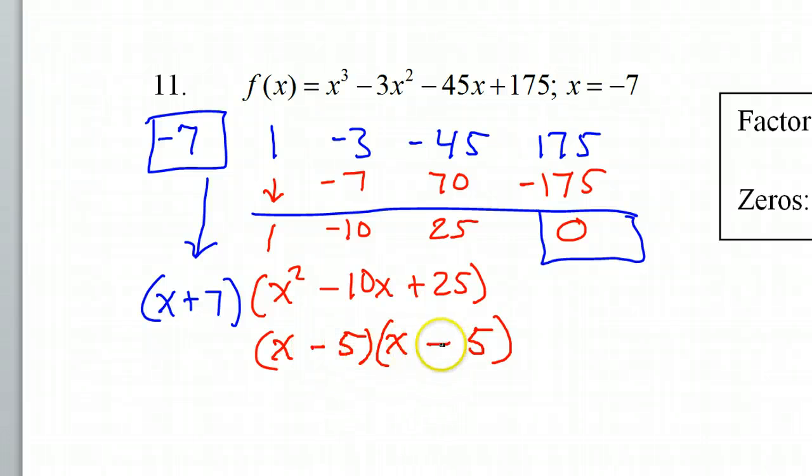If we make it a negative and a negative, that makes negative 5 inner and negative 5 outer. That makes negative 10 middle. And a negative times negative is a positive, so it's good. Okay, bring down your x plus 7, and these are your factors.